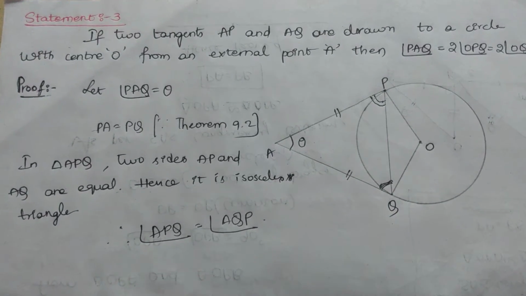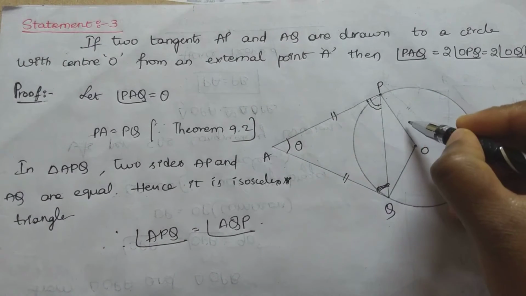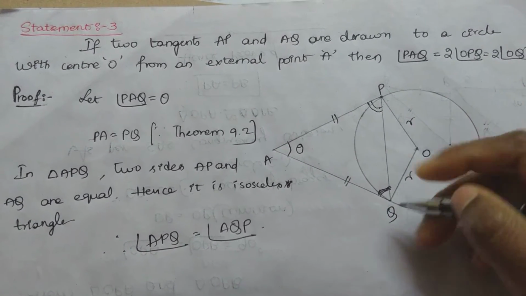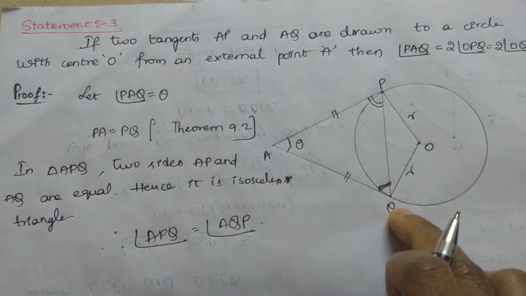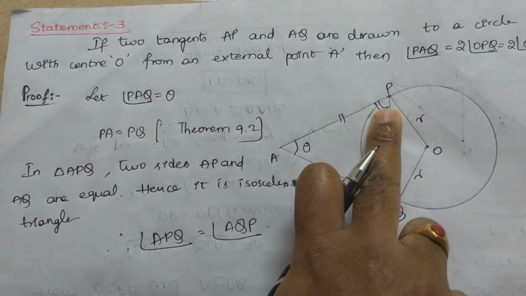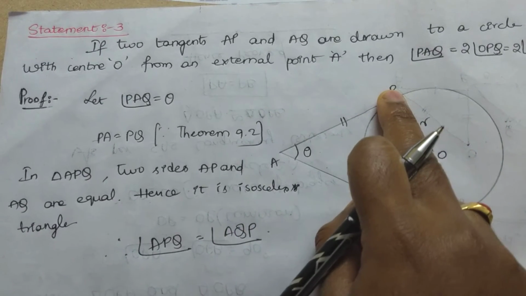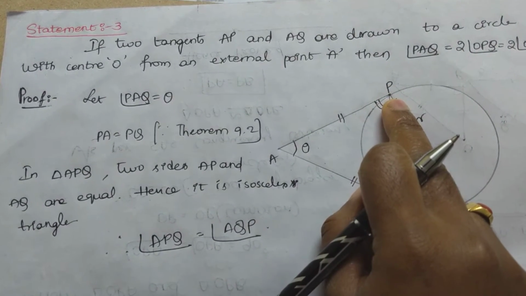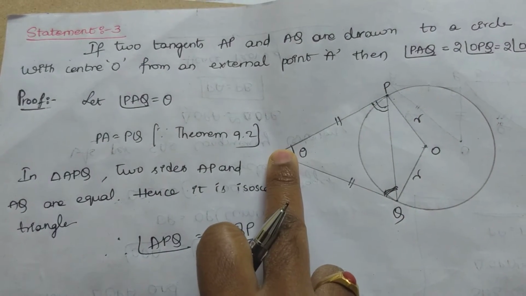Again, the next step: see here, OP is nothing but the radius of the given circle. OP and OQ are the radii of the given circle. OP is a radius and AP is a tangent. So from theorem 9.1, we know that the radius is perpendicular to its tangent.